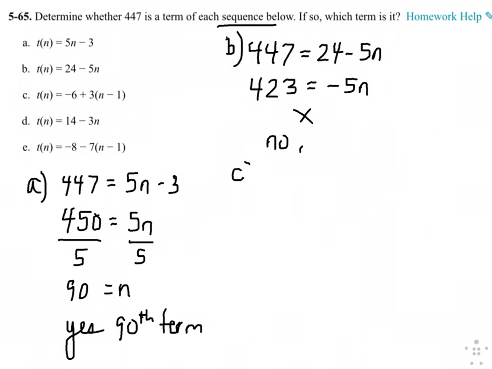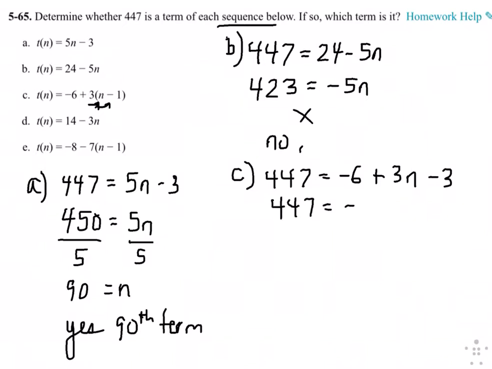Okay, let's try C. 447 equals negative 6 plus, and I'm going to distribute the 3, 3n minus 3. I distributed that 3 in there. So we get 447 equals negative 6, and negative 3 is negative 9, plus 3n.